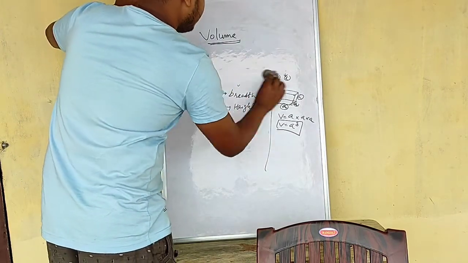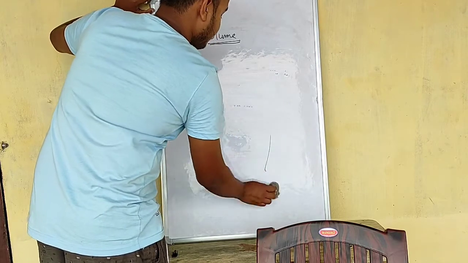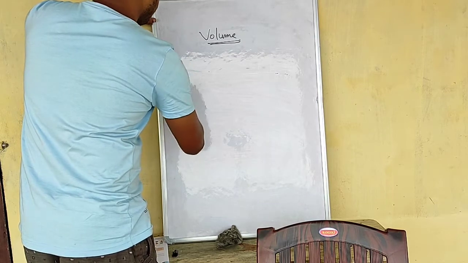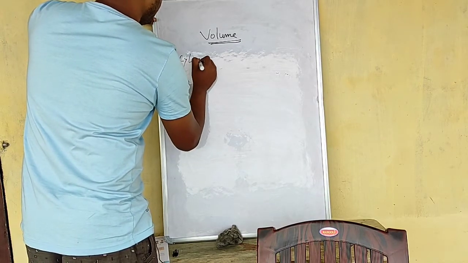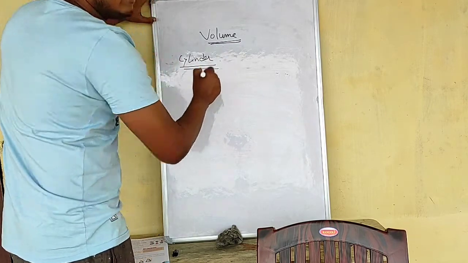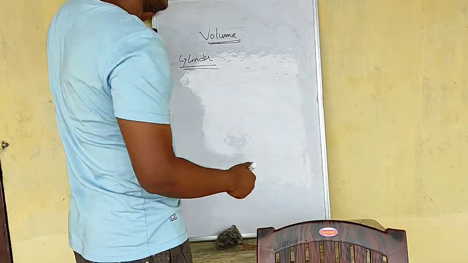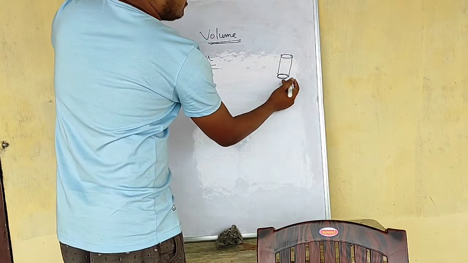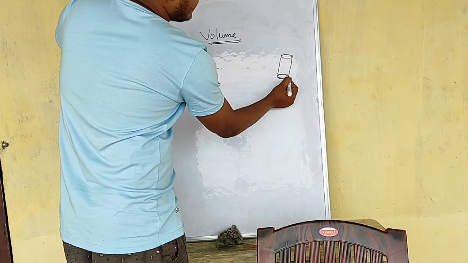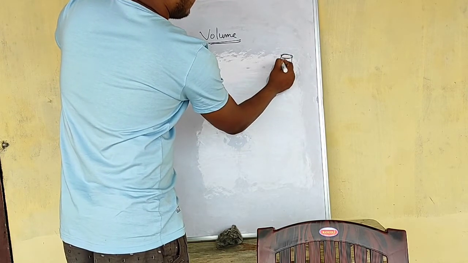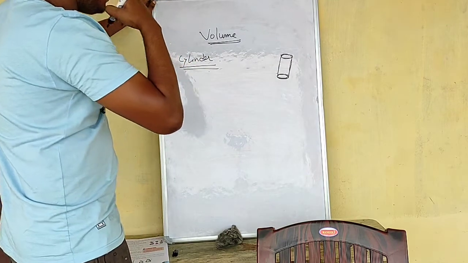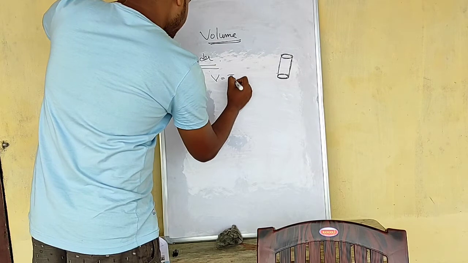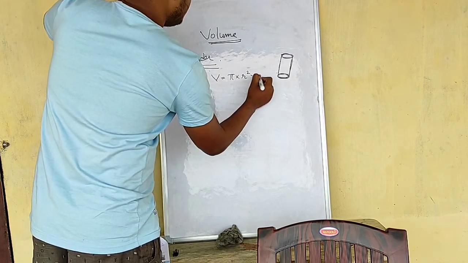Next thing we will learn, volume of a cylinder. What is a cylinder? You have seen it in your households also, a cylinder is like this. Two circular plates are there on the upper and bottom side, and one is cylindrical shape. So the formula for a cylinder is V equal to pi into r square into h.